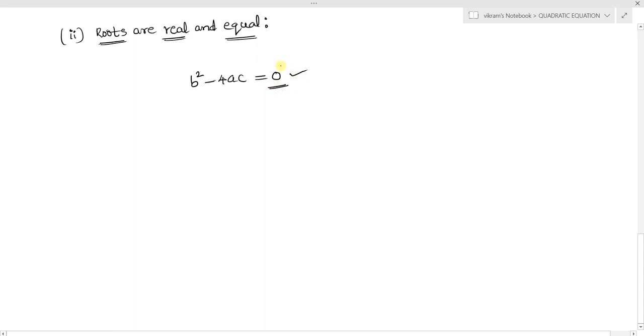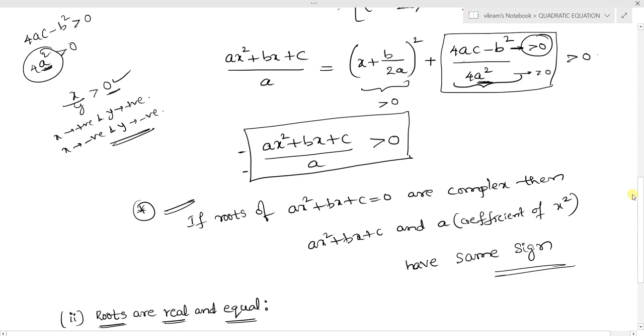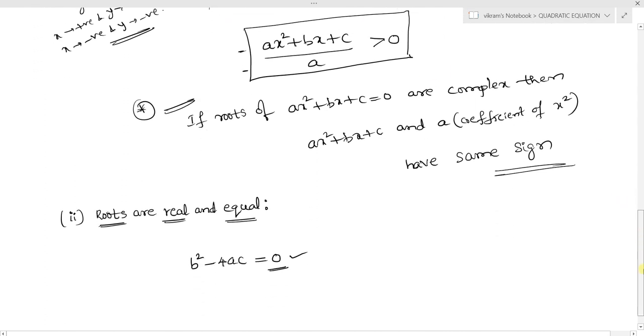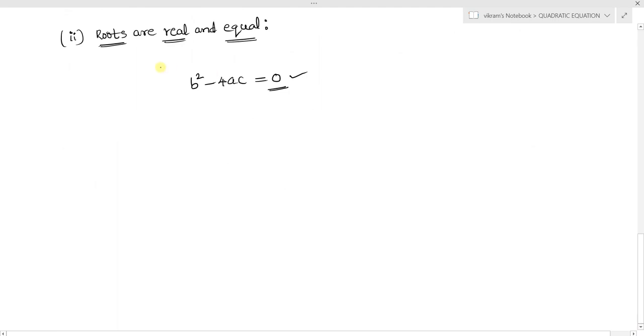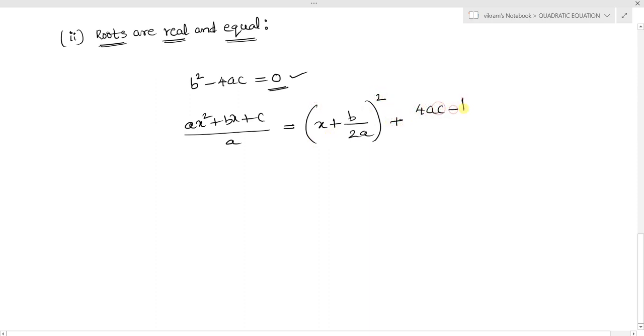Just before, what condition did we obtain? Ax square plus bx plus c by a is obtained as, I'm writing over here, ax square plus bx plus c by a equals x plus b by 2a whole square plus 4ac minus b square by 4a square.